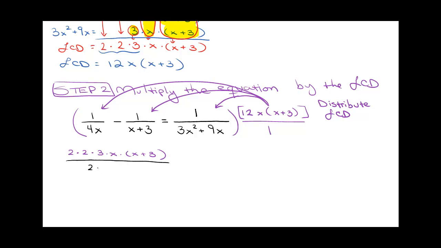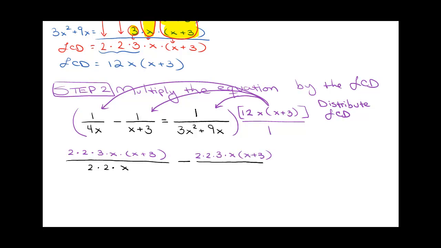I'm going to write that factored out. 2 times x. And then our next rational expression, once again I'm going to write it factored out. 2 times 2 times 3 times x plus 3.